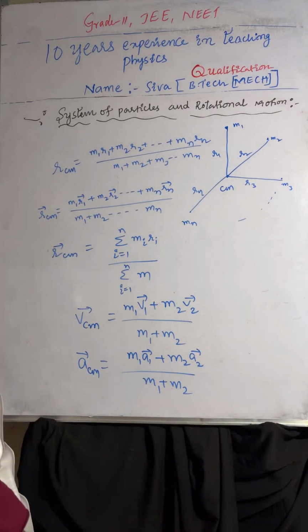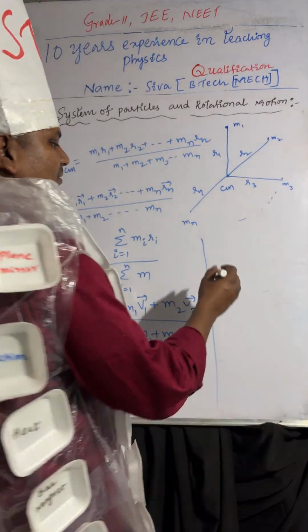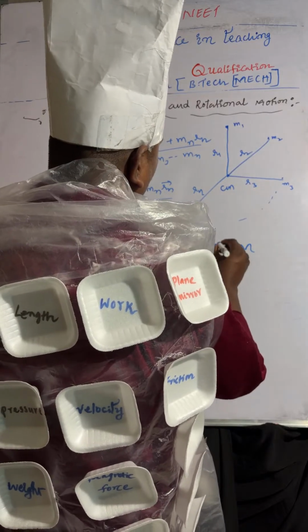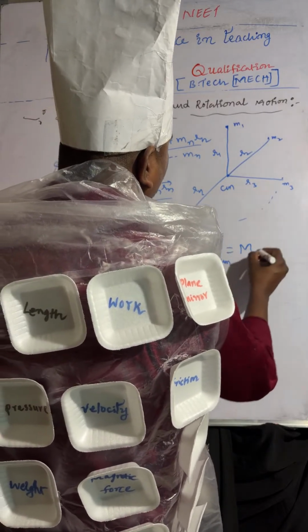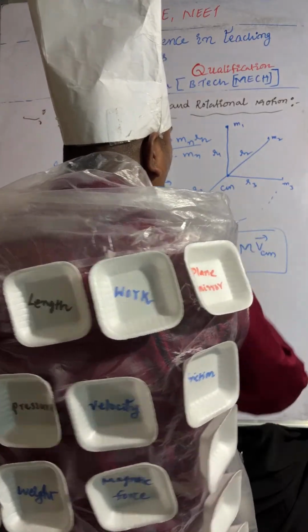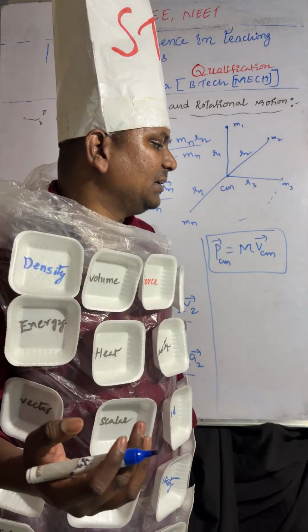Understood or not? For momentum, P equals mass into velocity, so the momentum of center of mass is M times VCM bar. Like this we can write.